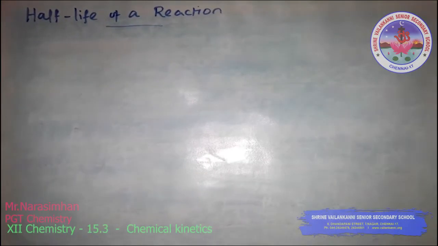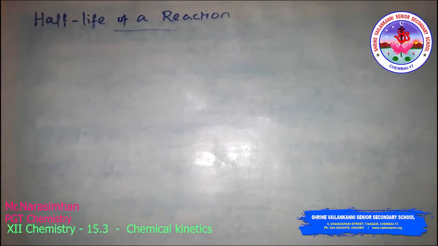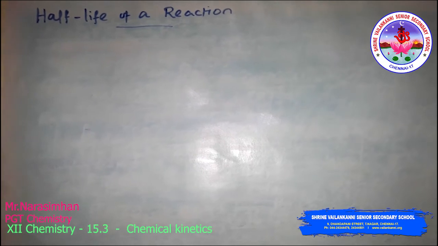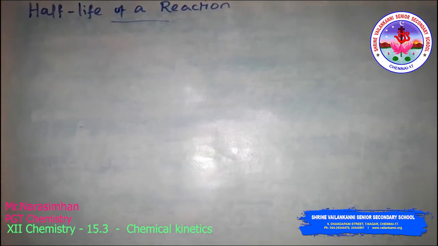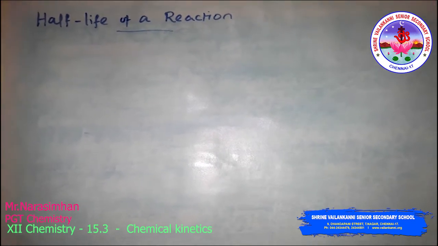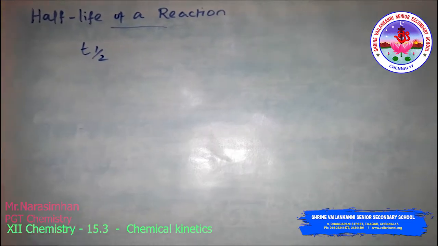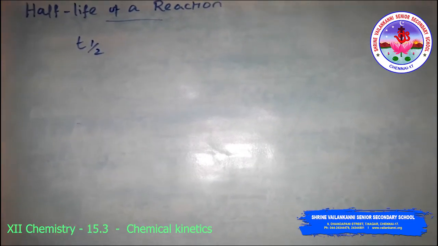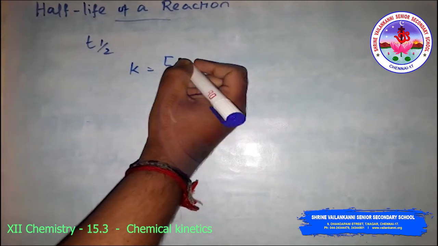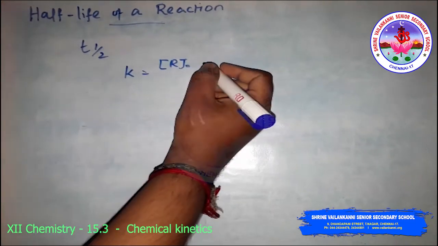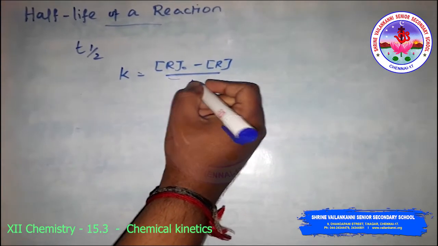Half-life of a reaction. The half-life of a reaction is the time in which the concentration of a reactant is reduced to one half of its initial concentration. Usually it is represented by t half. For a zero order reaction, we already know that k is equal to the concentration [R]0 minus [R] divided by t.